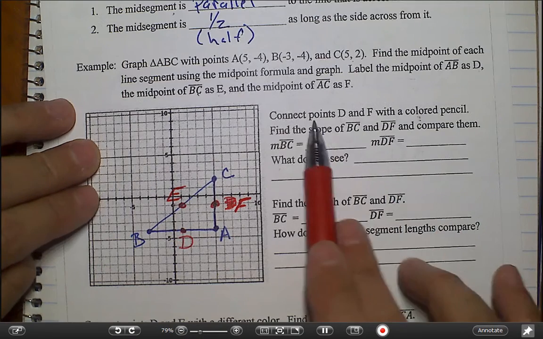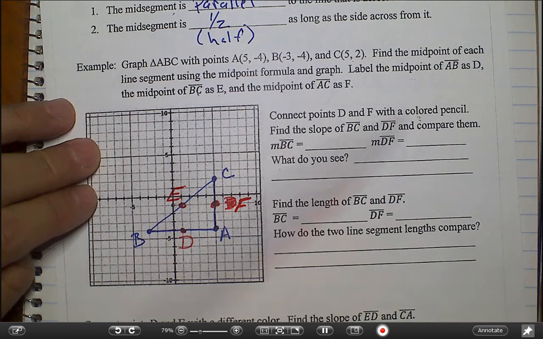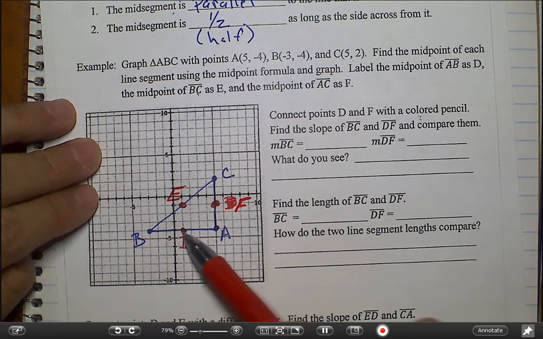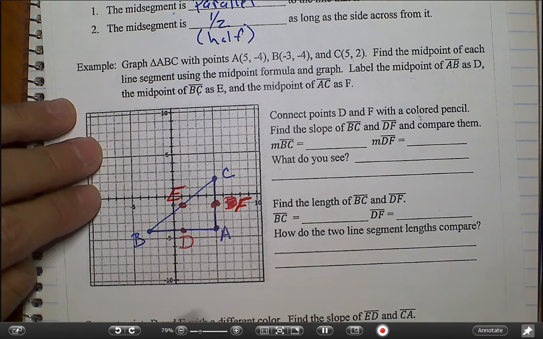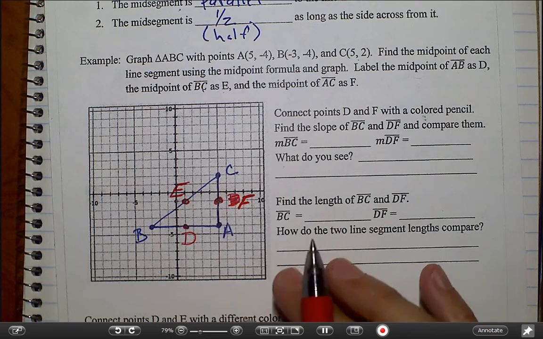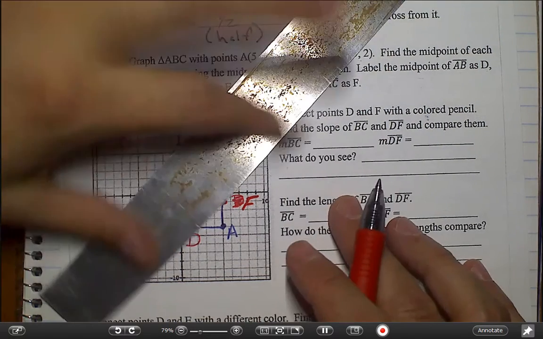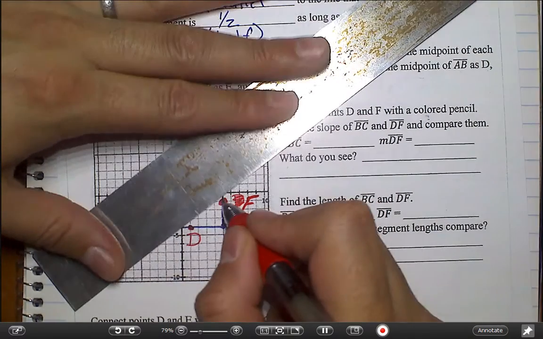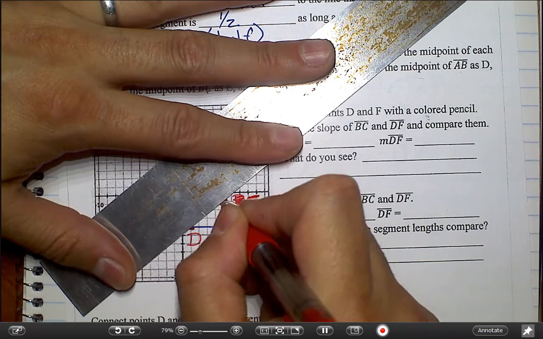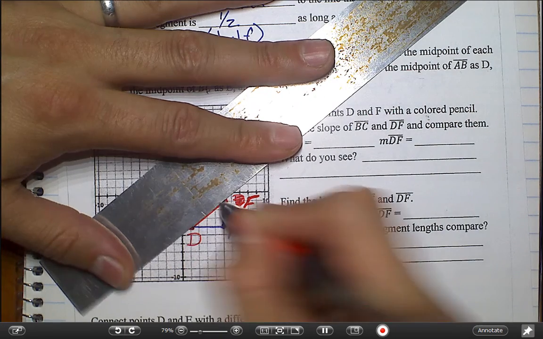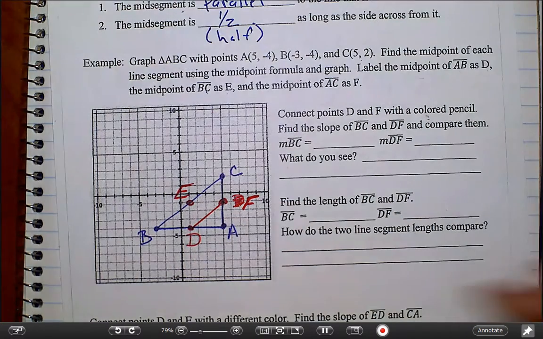Now the next thing it says, connect points D and F with the colored pencil. Here's DF right here. Now, if you actually do want the colored pencil, it's in the box. But if not, you could just use whatever you got. So that is what we're looking for there.